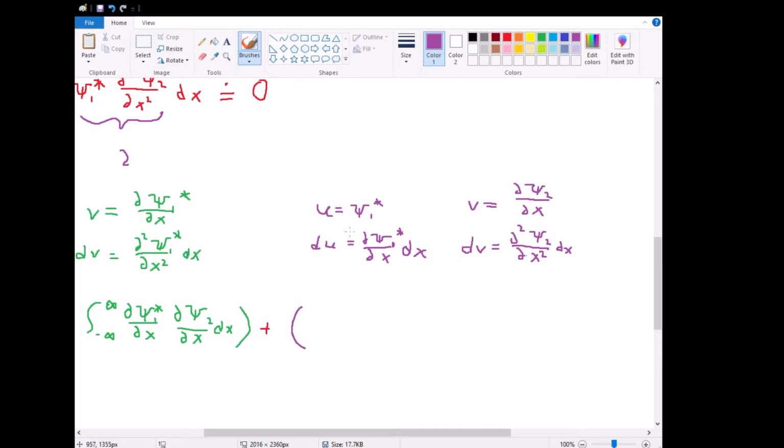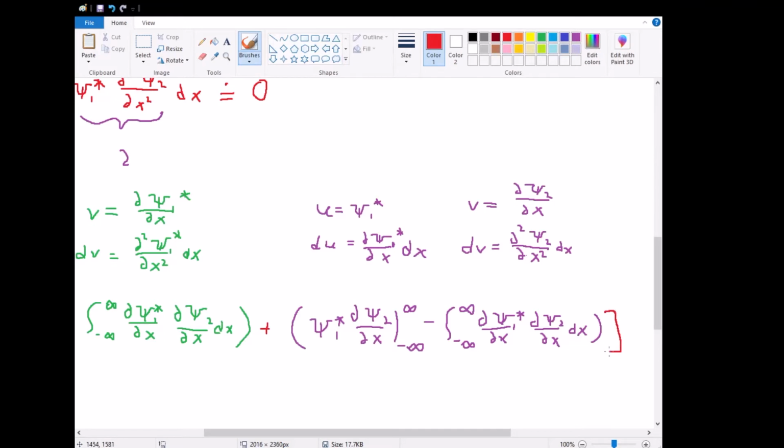So first off, uv, so psi 1 star times the partial of psi 2 with respect to x, evaluated from negative infinity to positive infinity, minus v du, so minus the integral, again, from negative infinity to positive infinity of partial psi 1 star with respect to x times partial psi 2 with respect to x dx. And we close this off with the bracket.